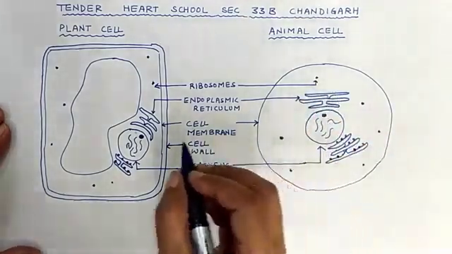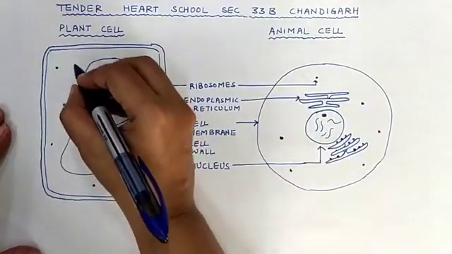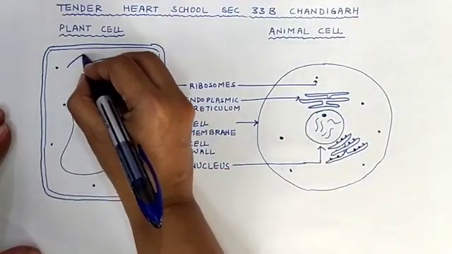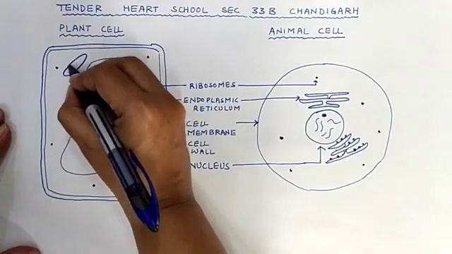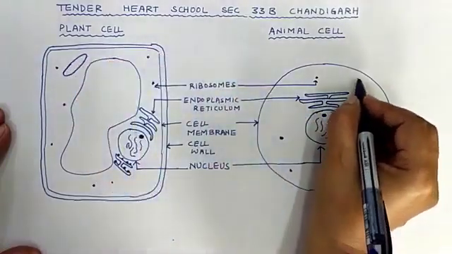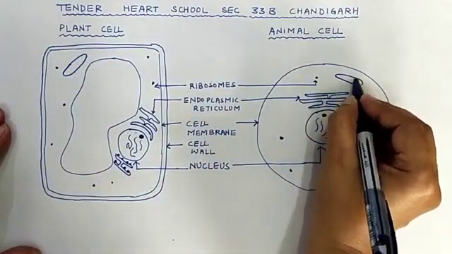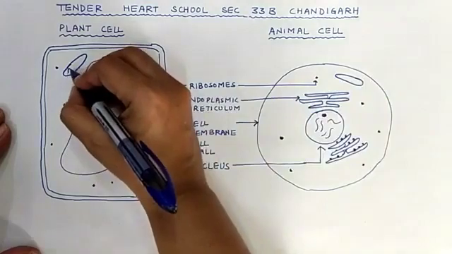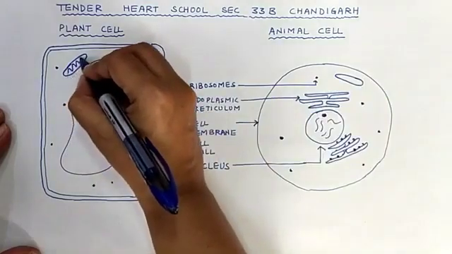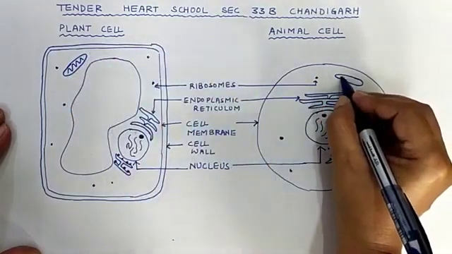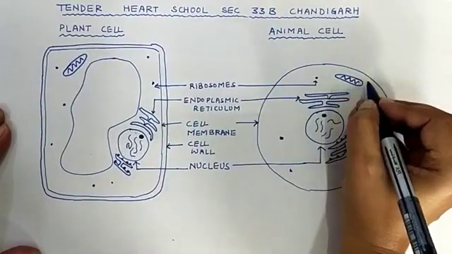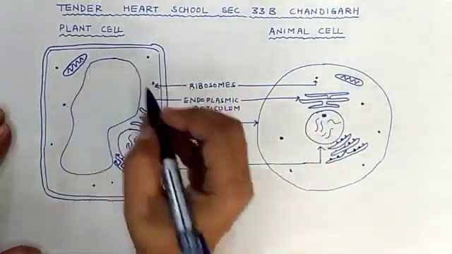Okay, then you can make the mitochondria. Mitochondria are double-walled structures, double membraned, right? And internally, these are the cristae of the mitochondria. It has a double-walled structure, and these are the cristae.